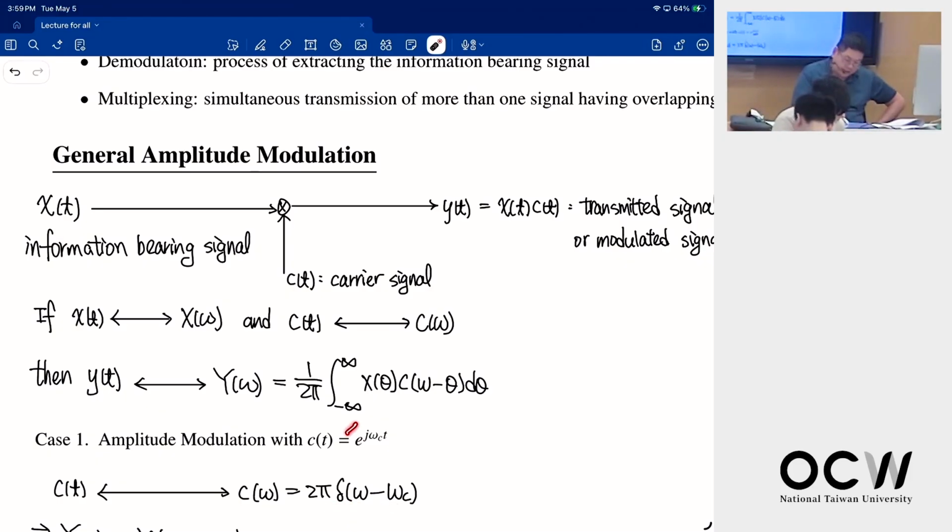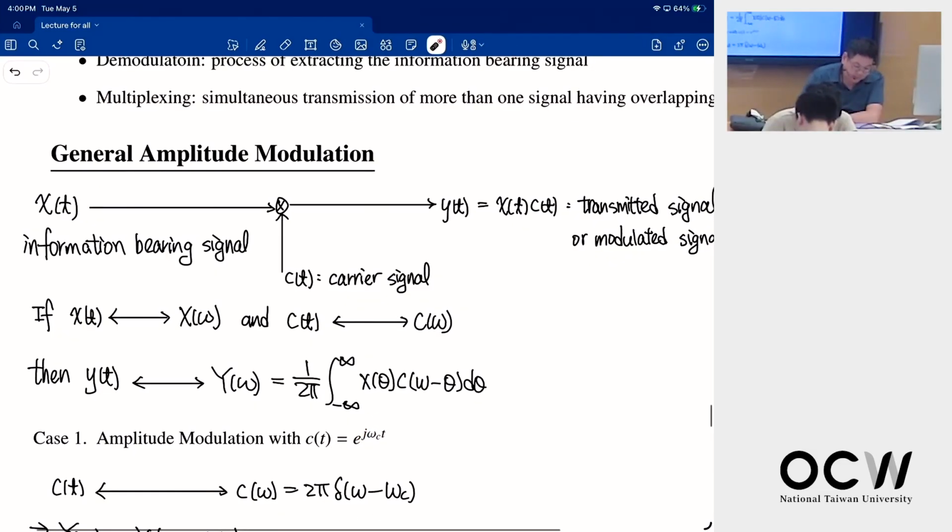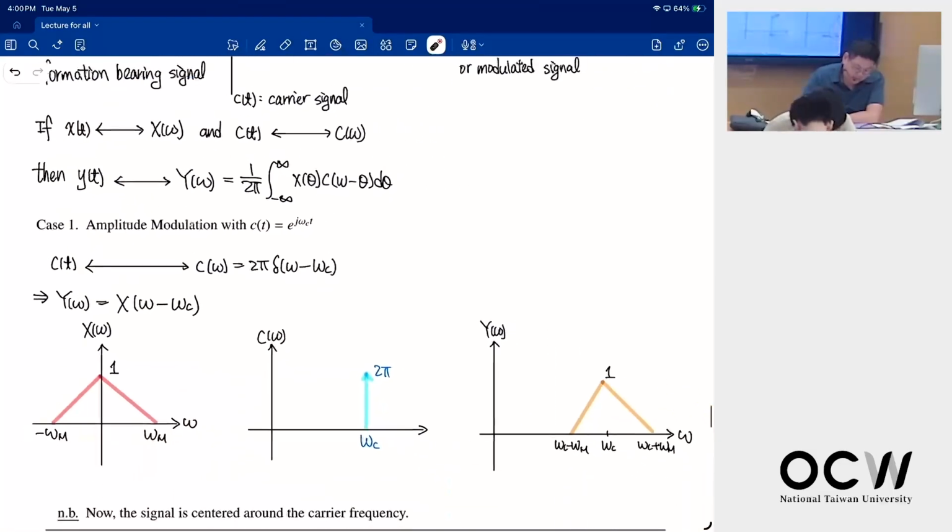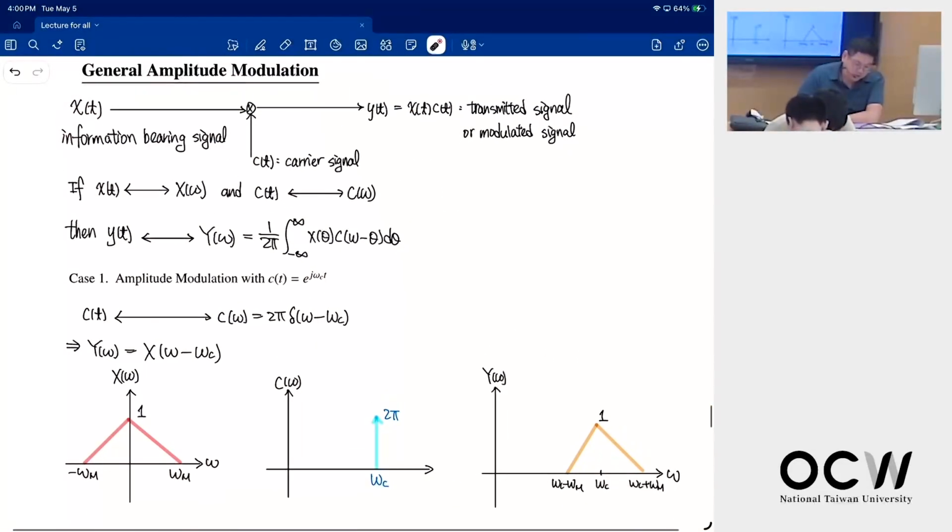It's like here I have a magnitude 1 times the complex exponential, so I shift in the frequency domain. So this means that my y, because I shift and do the convolution, the output is just like my input signal shifted by omega c.